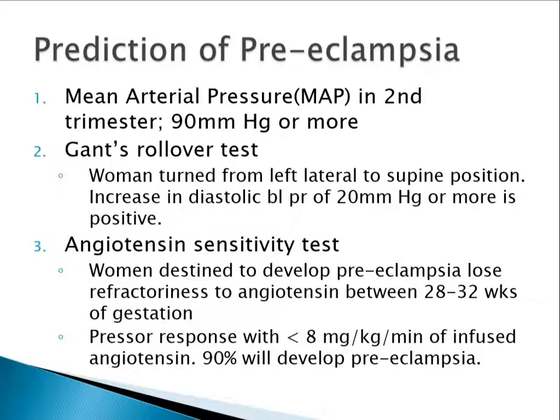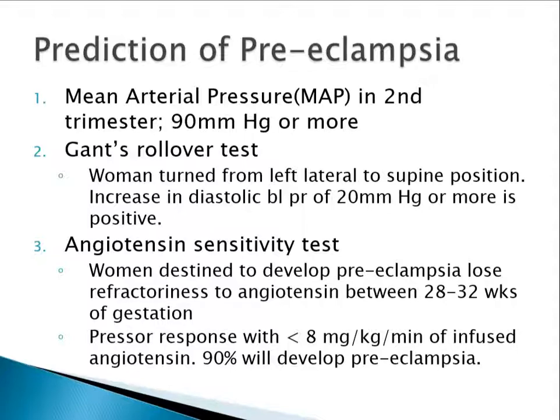Now, if the woman is turned to left lateral position, this pressure of the weight is not there. So blood pressure will be increasing to her usual level, isn't it? So now if a normal pregnant woman is turned from the left lateral position to the supine position, then there should be lessening of the pressure because of the pressure exerted by the pregnant uterus on the veins.